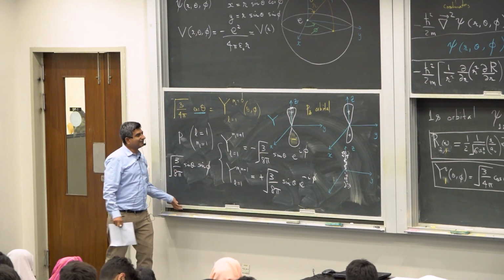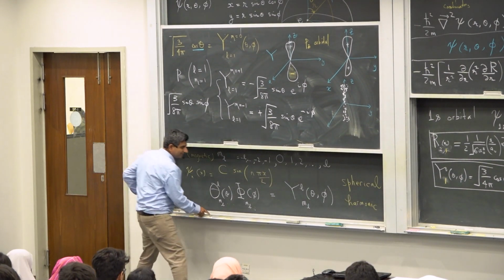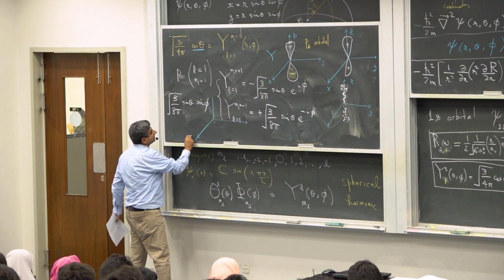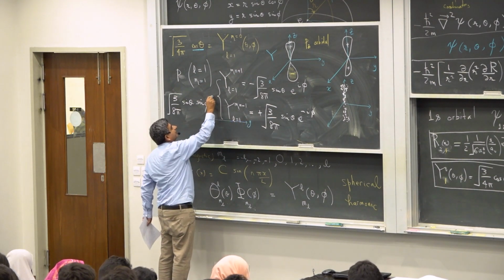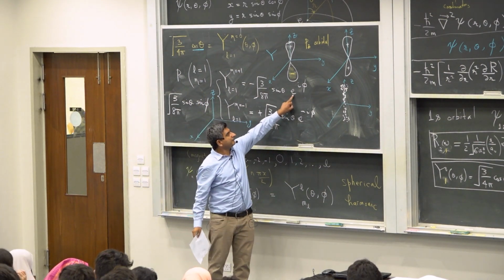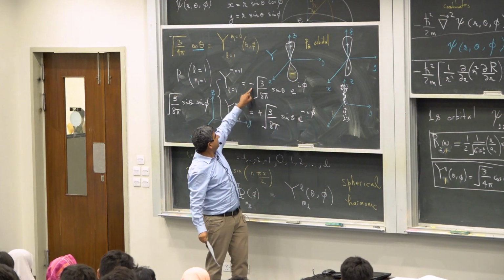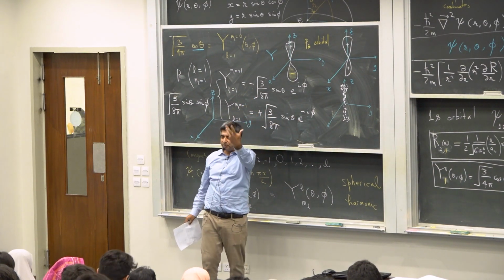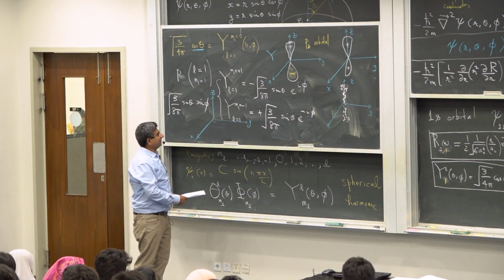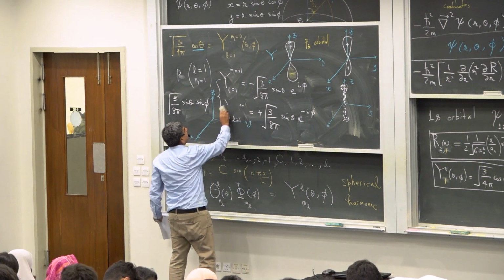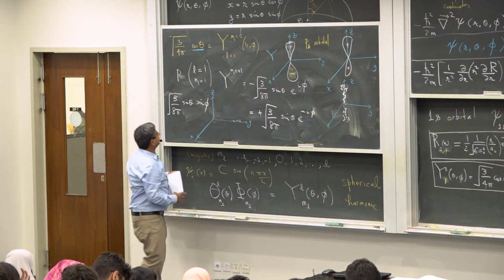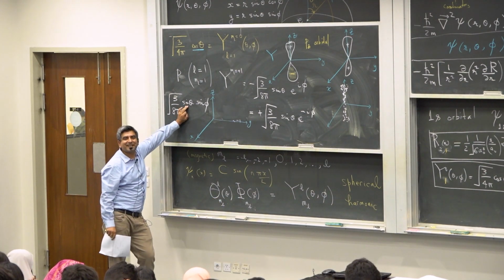If I were to plot this on my x, y, z axis, y sine phi, because e to the i phi minus e to the minus i phi, because these are different signs, gives me a term proportional to sine phi. So now I have sine theta sine phi. If I would like to plot this superposition, this is maximal when theta equals 90 degrees.